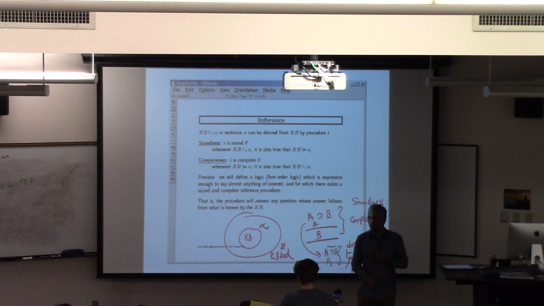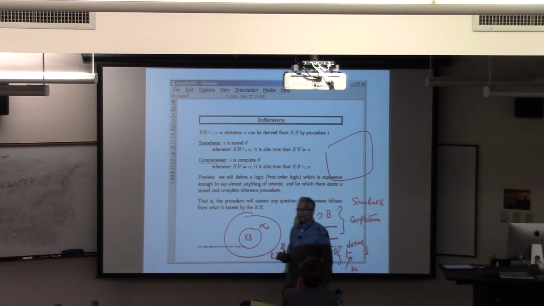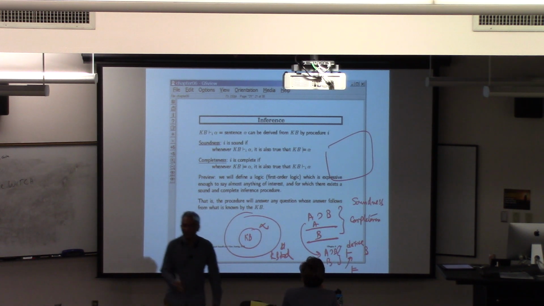If you just use modus ponens, you will write a bunch of facts that are entailed, but there are a bunch of other facts that are entailed that you won't be able to write. You see what I'm saying? It turns out the same for modus tollens. It is essentially sound but not complete. And there is actually one rule. In fact, until you came to this class, you have not heard of a propositional rule of inference that is both sound and complete.